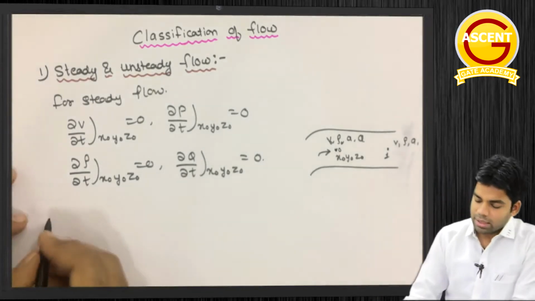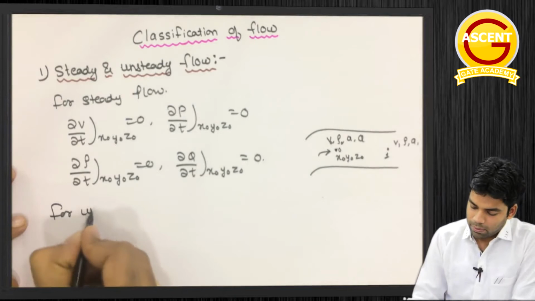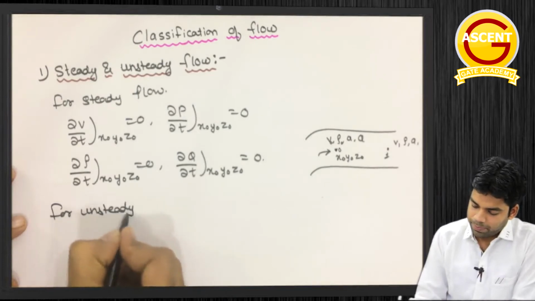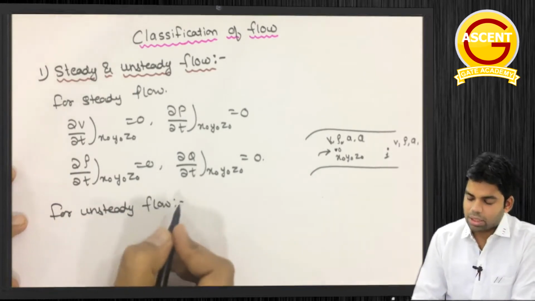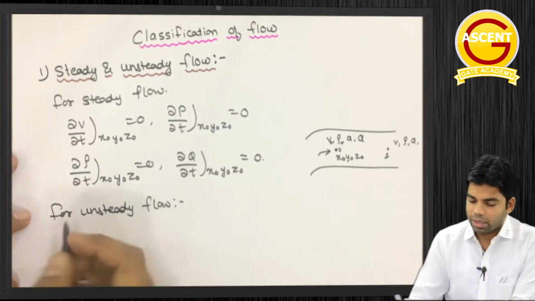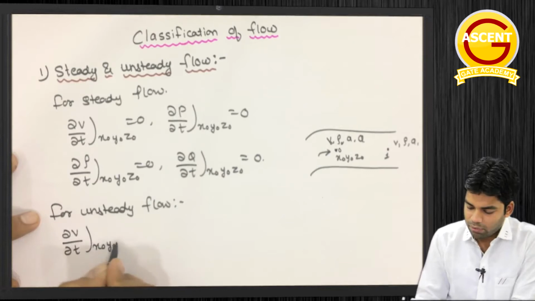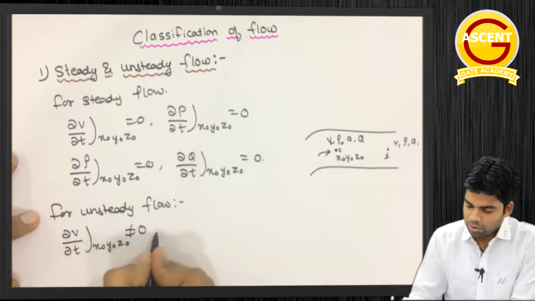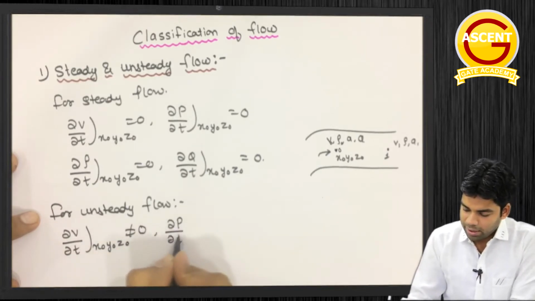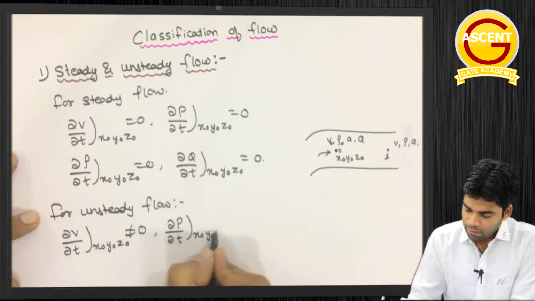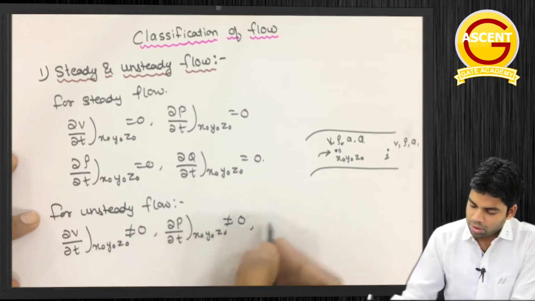Then we can call it a steady flow. Now for unsteady flow, these properties can change with respect to time. That means del v by del t at x naught, y naught, z naught is not equal to 0. Del p by del t not equal to 0.